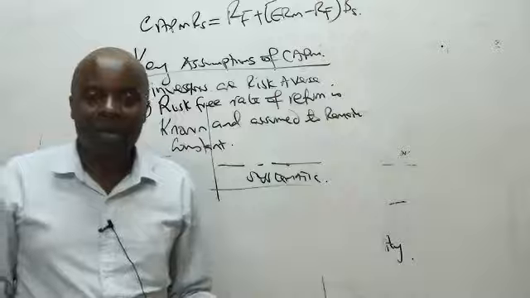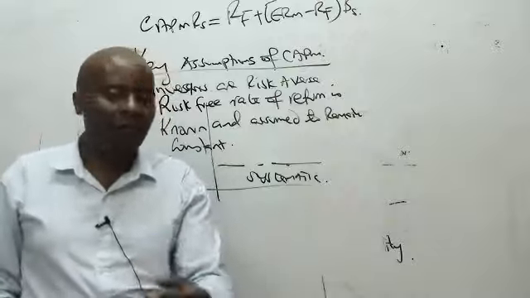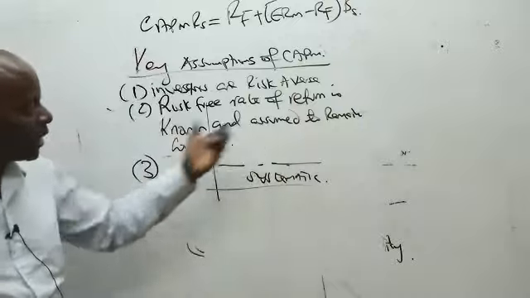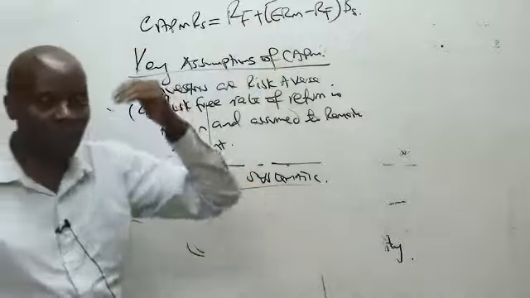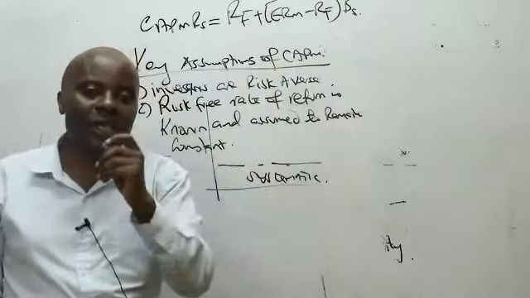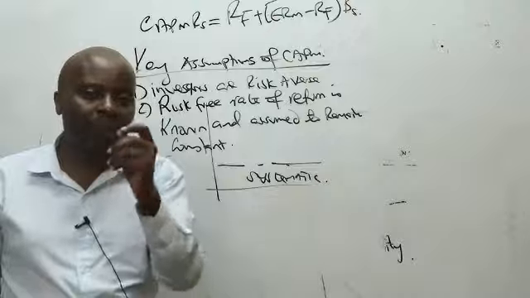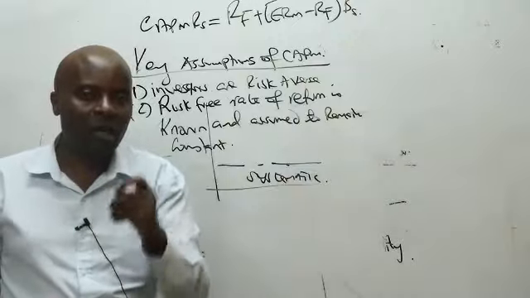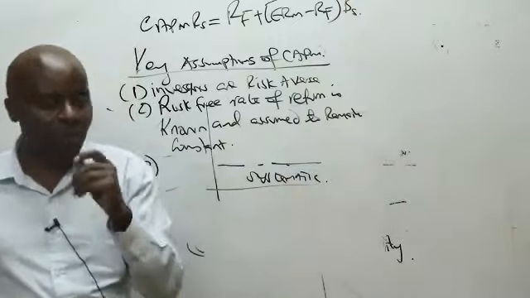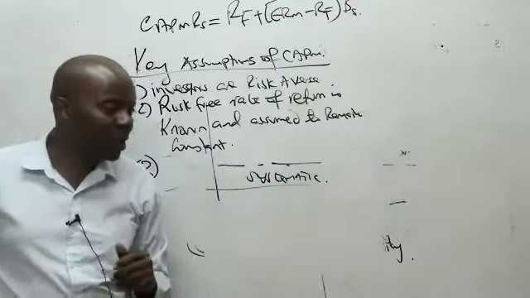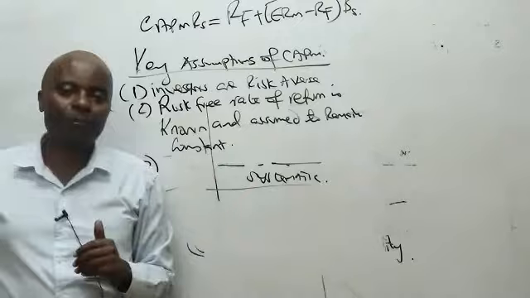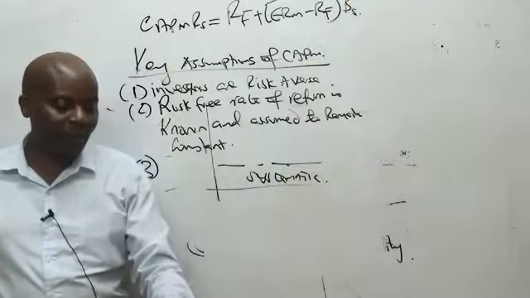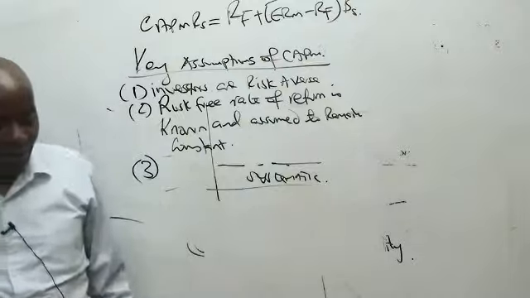So things change. But for us to have a working model, we must assume that we have an existing market portfolio. Any other key assumptions, ladies and gentlemen, that you guys can talk about?